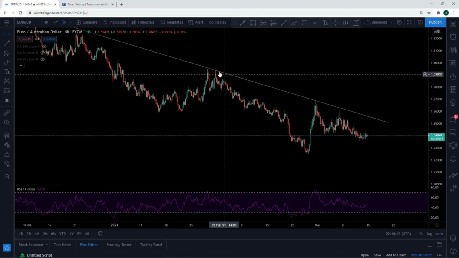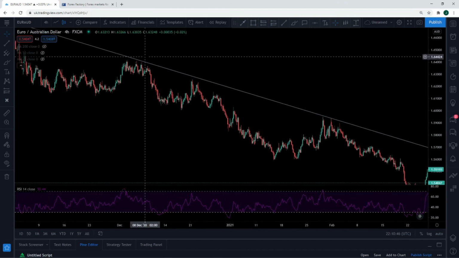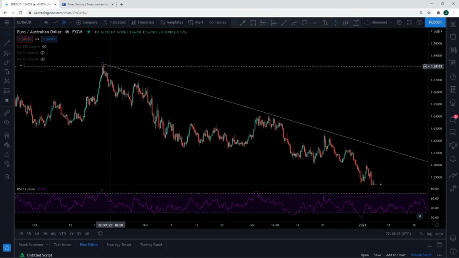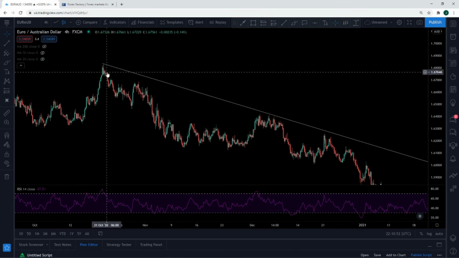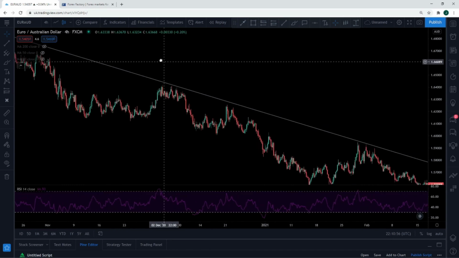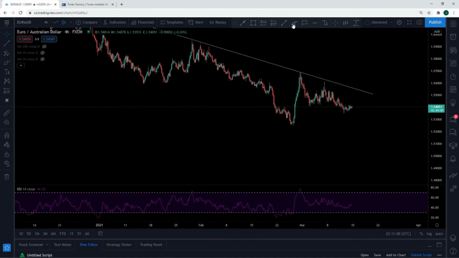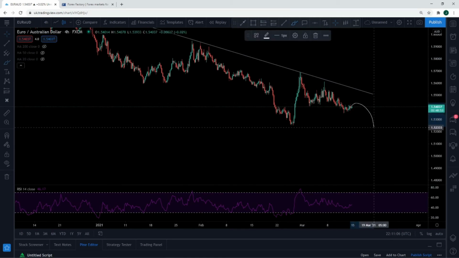We got 1, 2, 3, 4, and we got that 5, which is our first move when the market actually starts selling off. So what I love to see about this pair, guys, I love to see price move short on this pair and move to the downside.